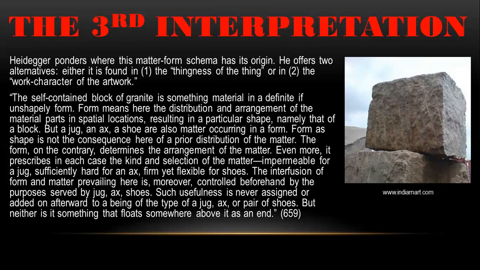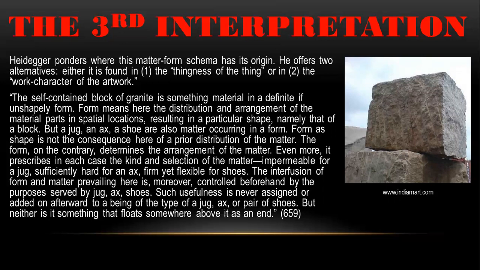But he says a jug, an axe, a shoe are also matter occurring in a form. Form as shape is not the consequence here of a prior distribution of the matter. The form, on the contrary, determines the arrangement of the matter, right? So this is very Aristotelian, okay? You might review our lectures on Aristotle if you remember us talking about what's the difference between a work of art and any other object.